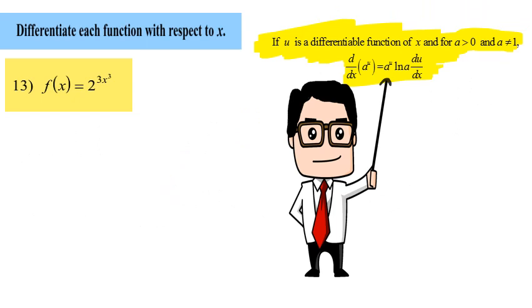Differentiate each of the following functions with respect to x. f of x is equal to 2 to the power of 3x cubed, and we know that this is the derivative of an exponential function. Its base is 2.